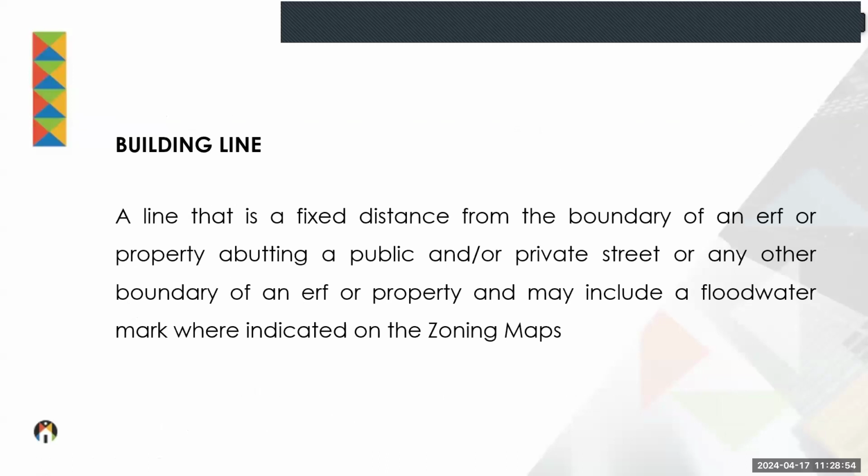Then what is a building line? That's a line that is a fixed distance from the boundary of an erf or a property abutting a public and/or private street or any other boundary of an erf or property, and it may include a flood water mark where it's indicated as such on the zoning maps.